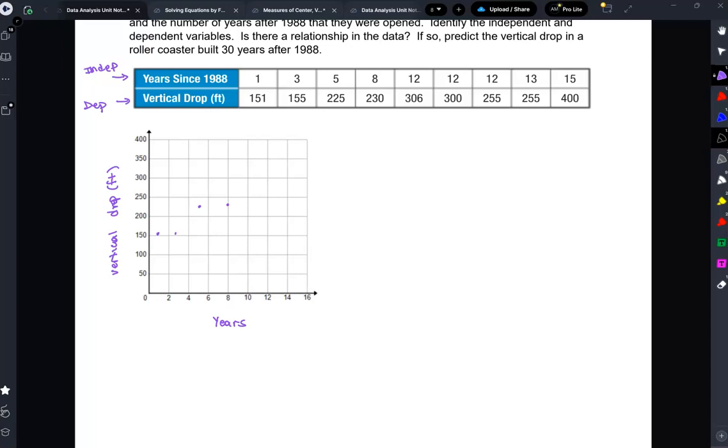So at 12, there is one at 300. There is one very close at 306. And then there is a 255. 13, there is another 255. 15, there is a 400. Okay, so you can tell there is definitely a positive correlation here.